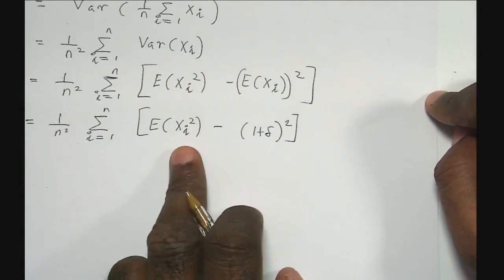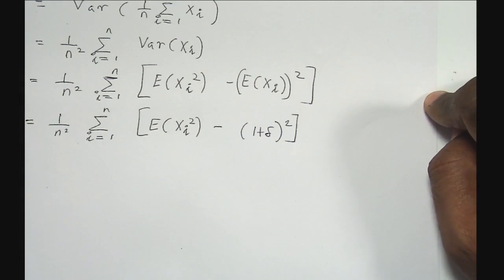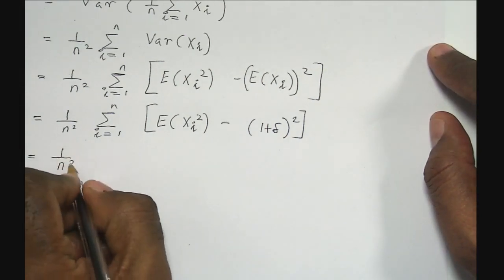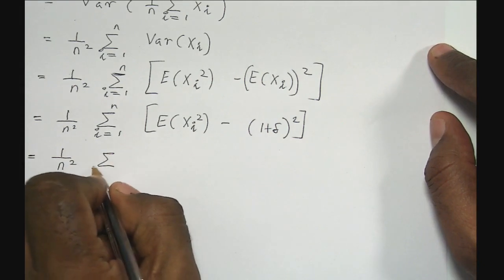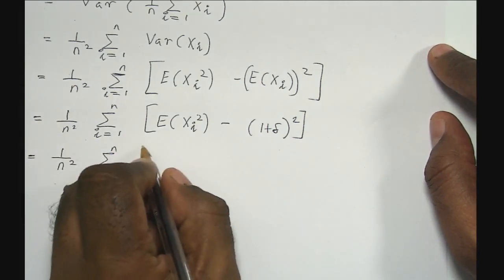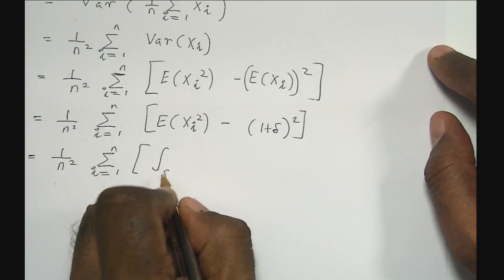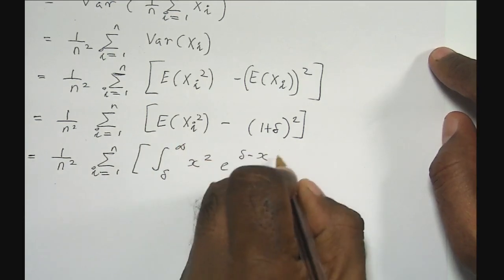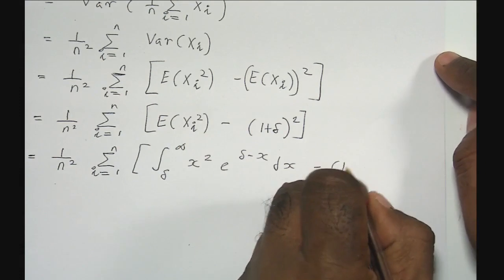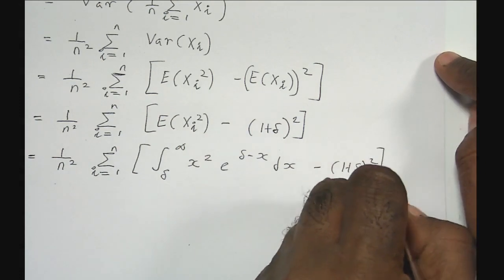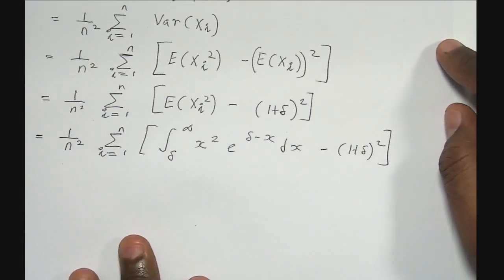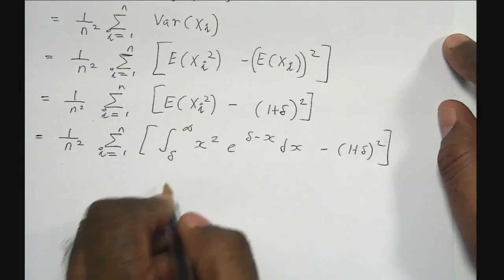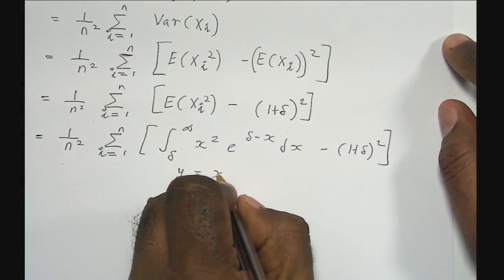We can find that in the same fashion as I did before. So this will be the integral from delta to infinity of x squared e to the power delta minus x dx. Now to do this integration, once again we make the same substitution, y equals x minus delta.